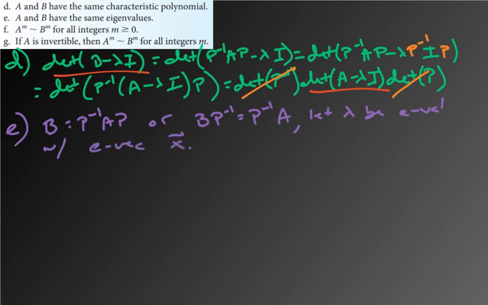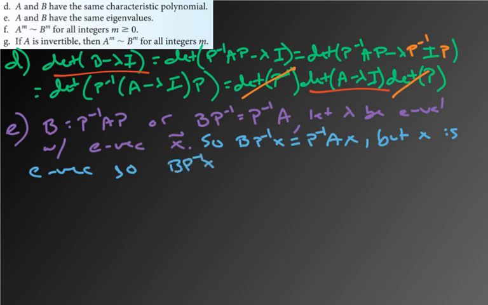All right, so I'm going to take this and multiply on the right by x. So BP inverse x would equal P inverse Ax. But x is an eigenvector. So BP inverse x equals P inverse lambda x, right? If I just substitute that part out. And then I can move my lambda around because it's a constant.